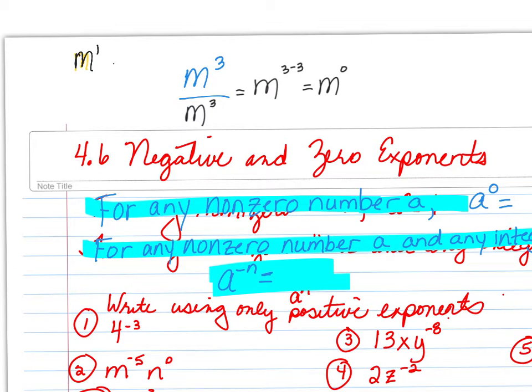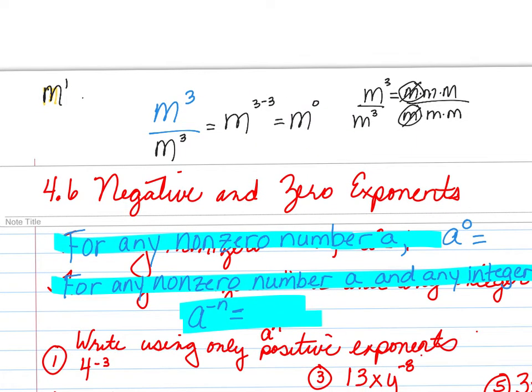Let me show you another way. If I have m cubed over m cubed, that means m times m times m over m times m times m. What happens to this m and this m? When we cancel, what do we put in its place? When you cancel things, what do they become? 1.